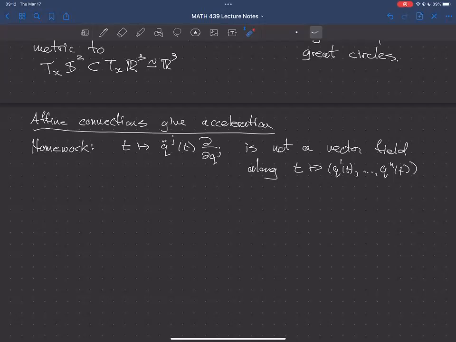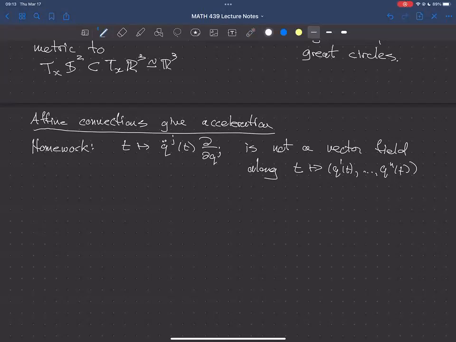So if you're going to talk about acceleration as being a vector field along your curve, its definition is not going to be q double dot, because that's not a vector field along a curve.